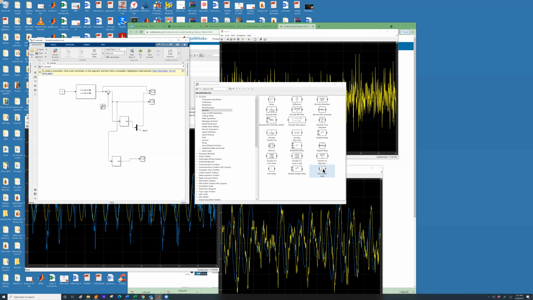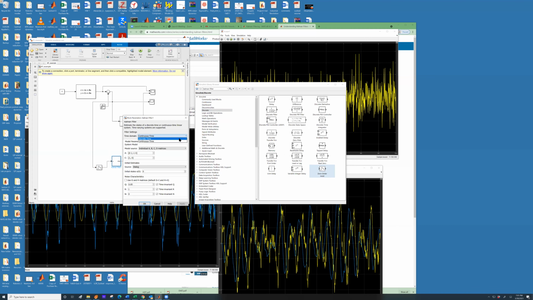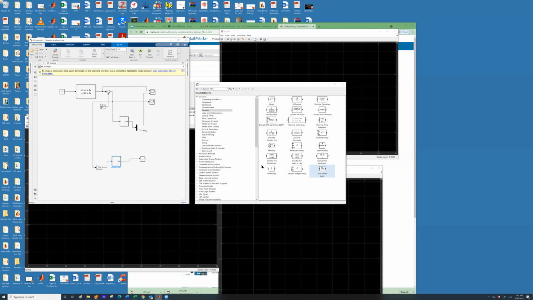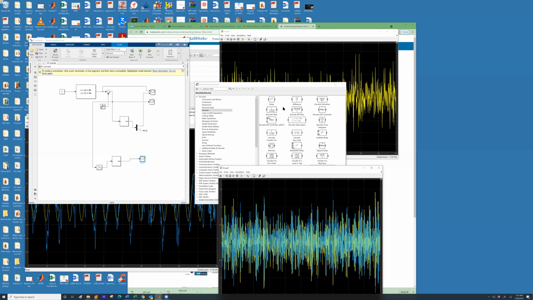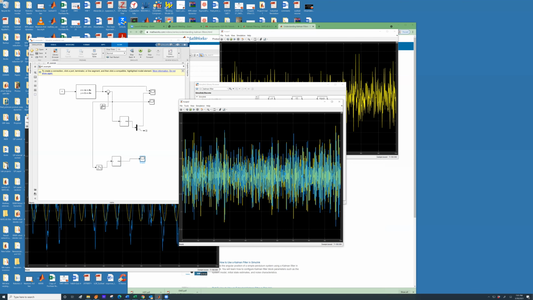You can grab that block, put it over here, and with this zero order hold, you can convert a continuous system into a discrete system. Now you can go back, convert the Kalman filter into discrete, and then run. And now you have your output, which is the output of the discrete Kalman filter.